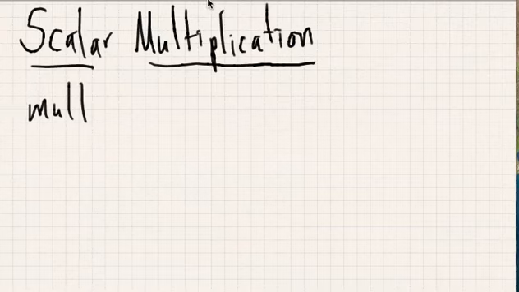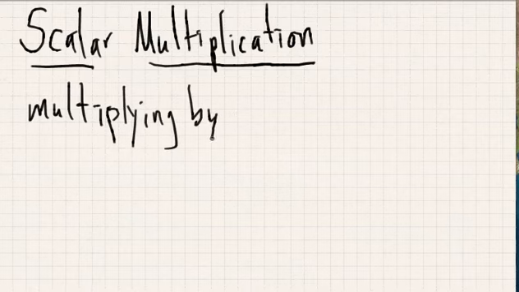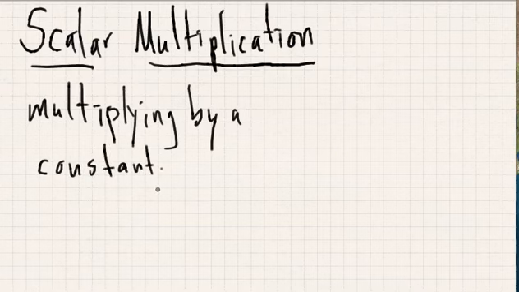It's literally multiplying by a constant. Let me just explain what you do via an example.